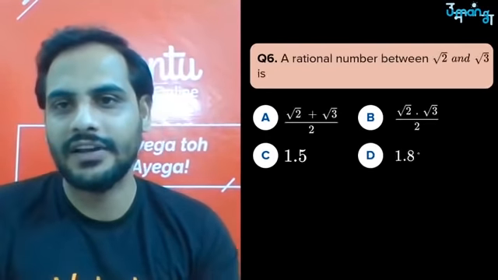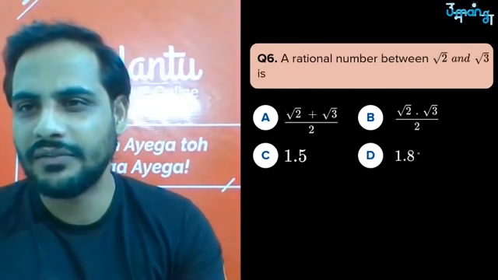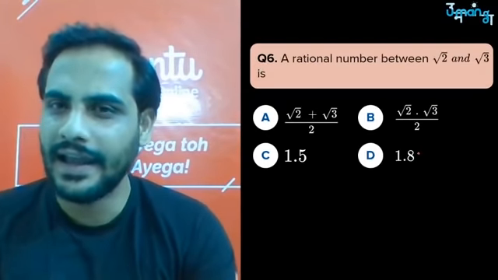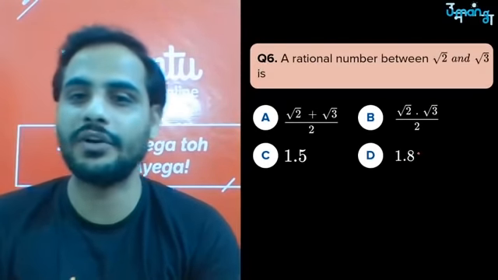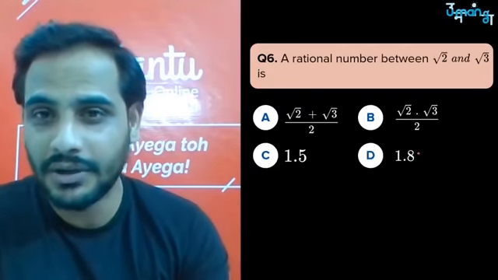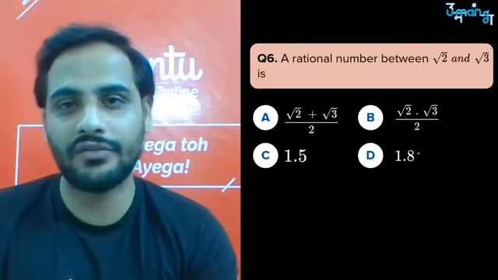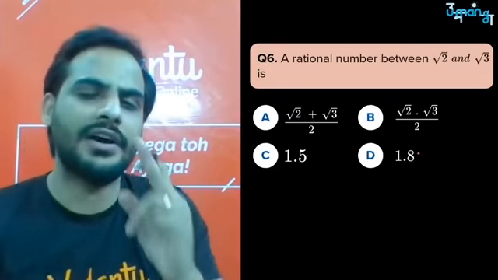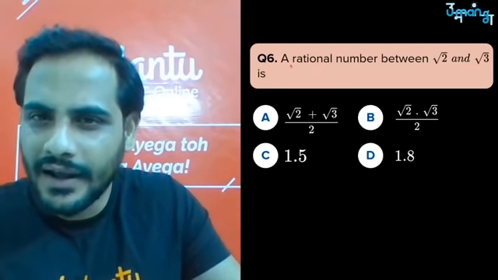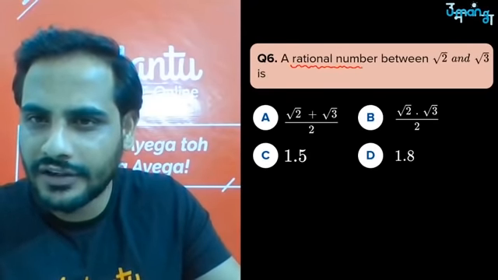The next question is this: a rational number between square root of 2 and square root of 3 is, which one of these? First understand this thing, beta: they are asking about the rational number.